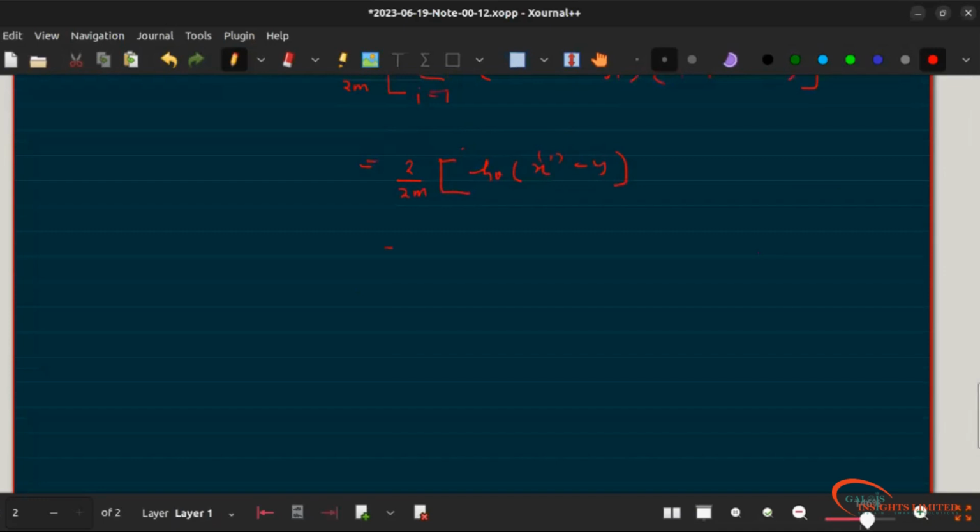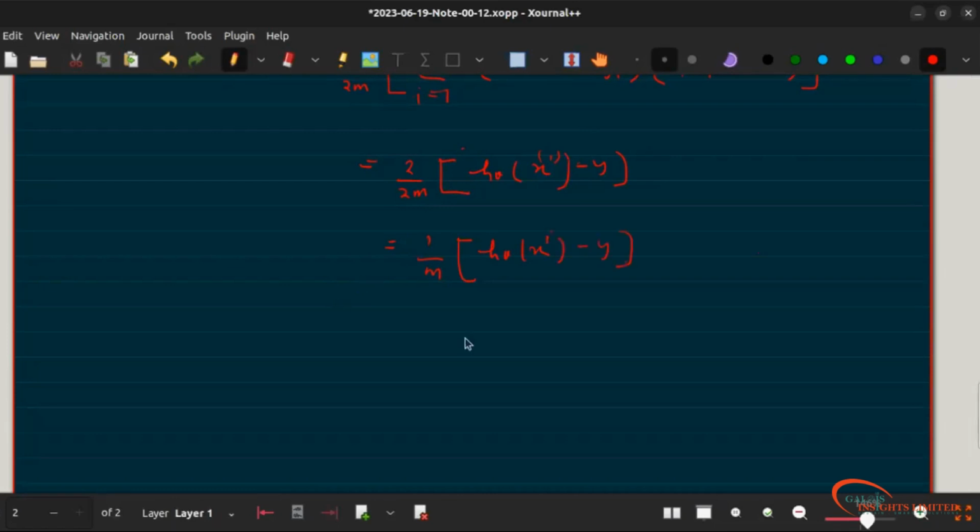So you simply get something like 1 over m, the sum of h theta of x i minus y i.